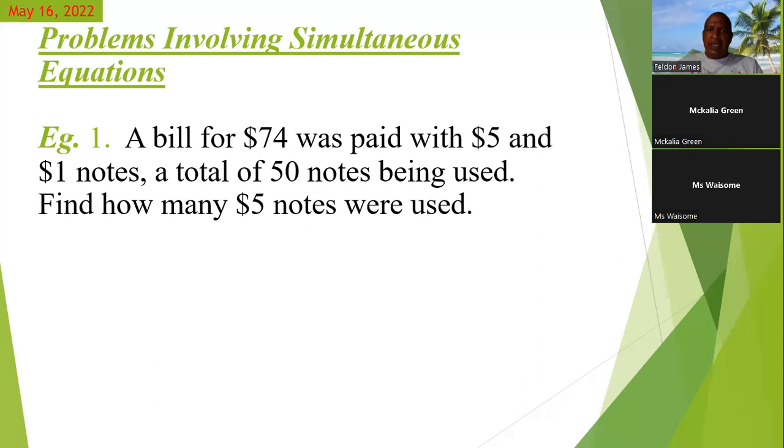So in this case, if we say let the amount of $5 notes be X and let the amount of $1 notes be Y, how could we form two equations to represent what the statement is saying?